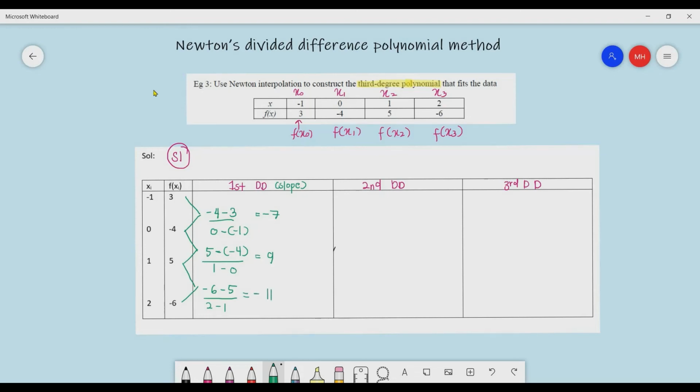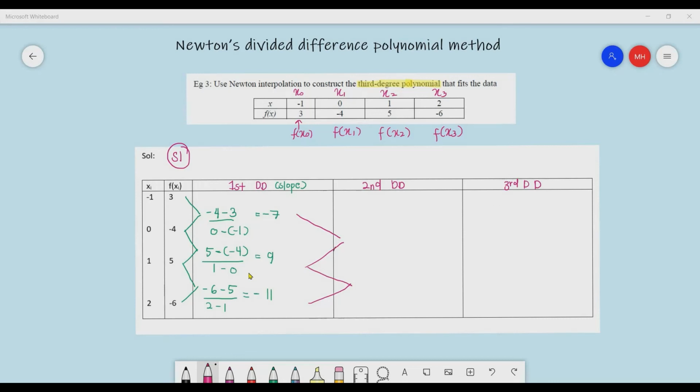So whatever you have in the first divided difference here, you need to bring forward to the second divided difference. So this is the arrow. The value that we obtain in the first divided difference will be your numerator.